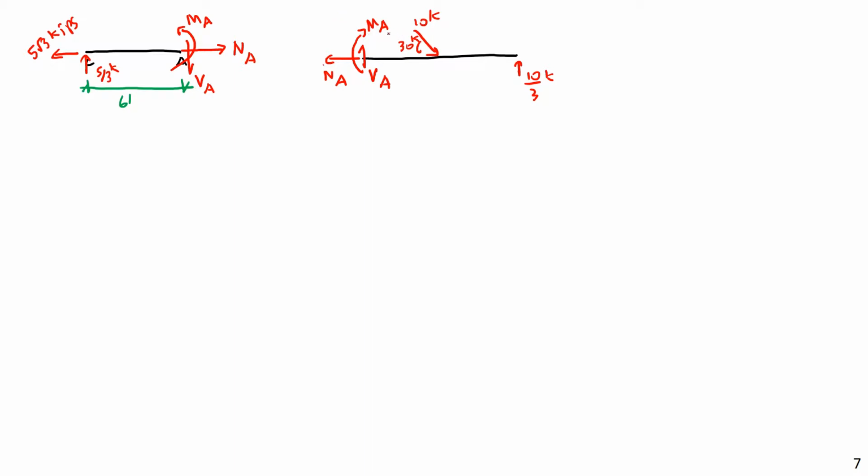So for example, imagine this member was going to bend something like this. This MA here would tend to cause this to bend downward as well. So you can think about it that way. Any moment that is going to cause a beam to bend downward is a positive moment. To get that, you need a clockwise moment on the right-hand side, or a counterclockwise moment on the left-hand side.